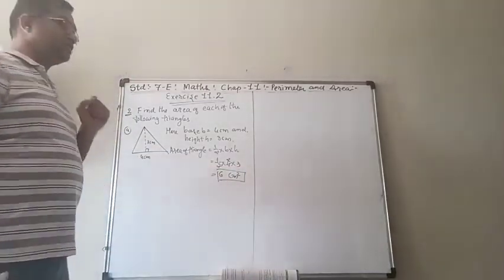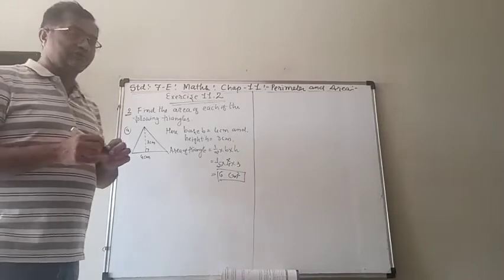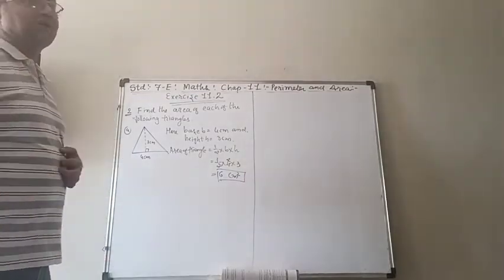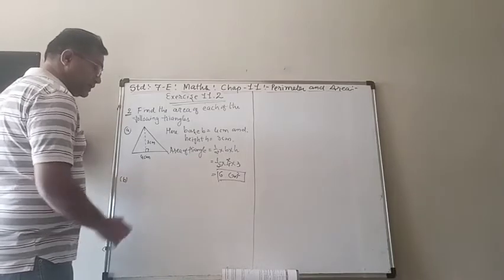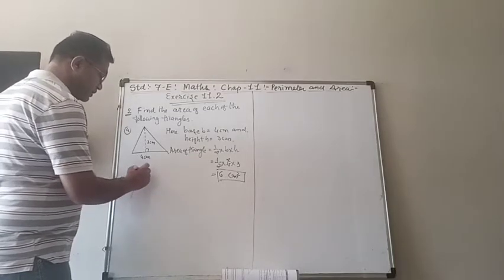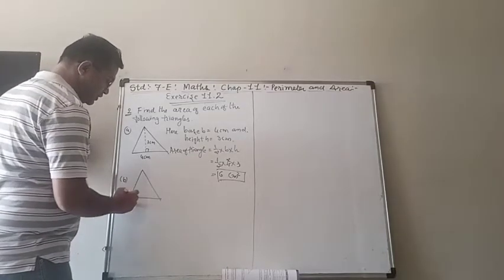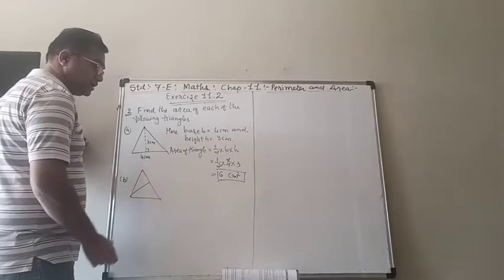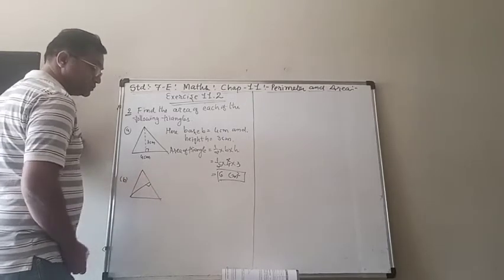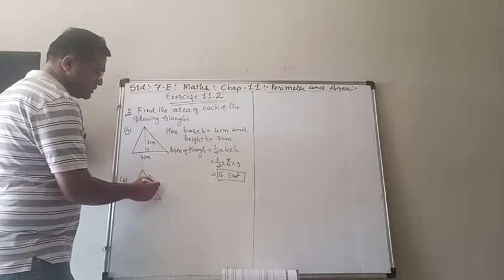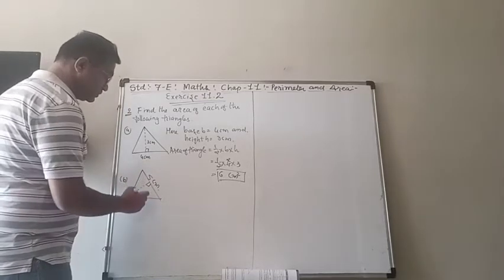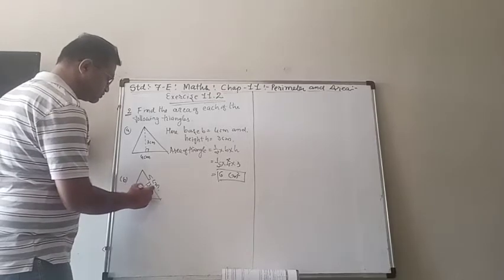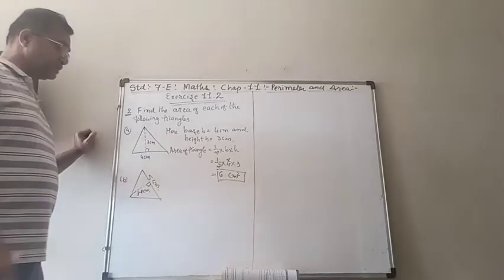So there is a minor difference between the formulas of parallelogram and triangles. Now B. In B, another side is taken as base and the altitude on it is 3.2 centimeter.